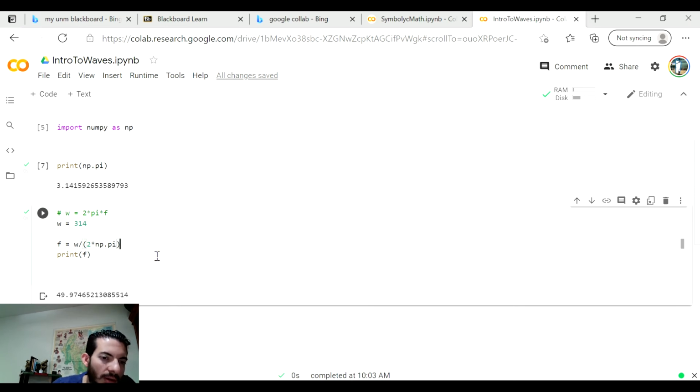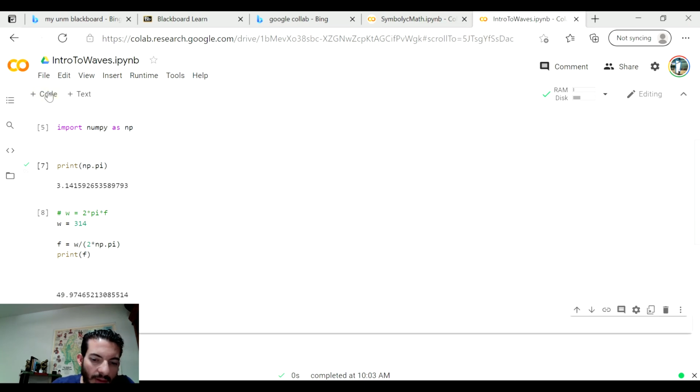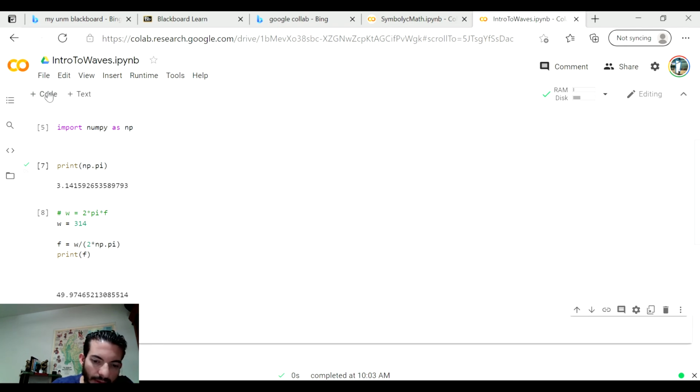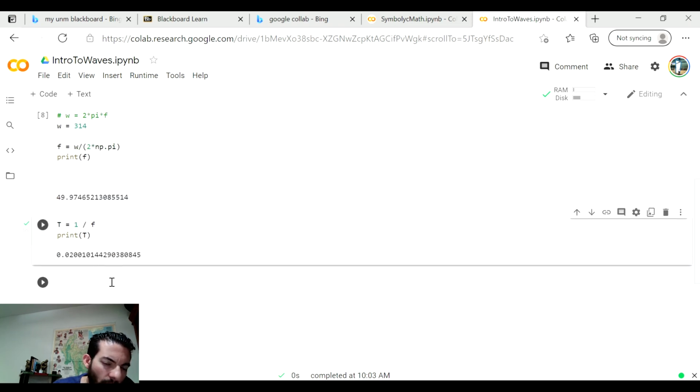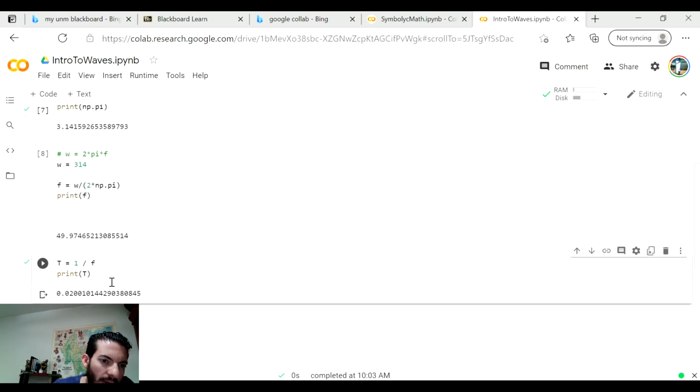Then t equals 1 divided by frequency, and print t. I think I did this the wrong way.